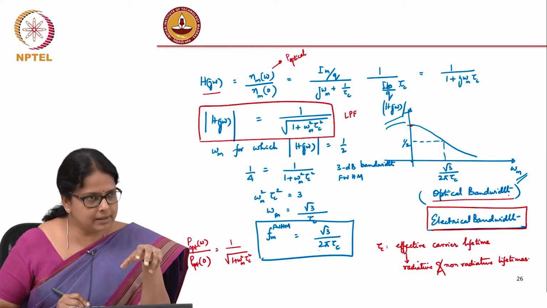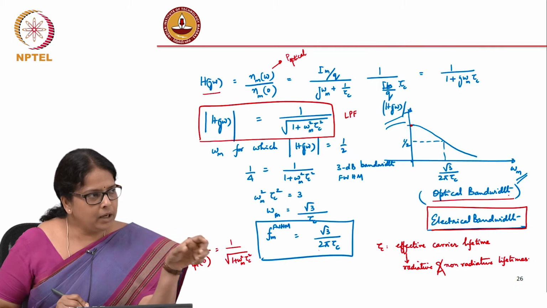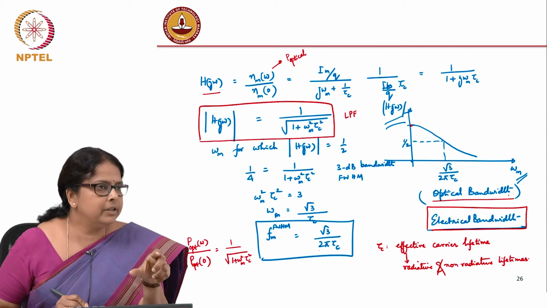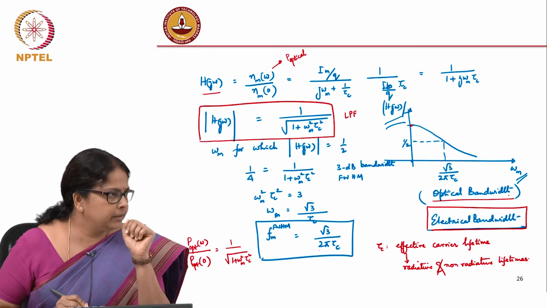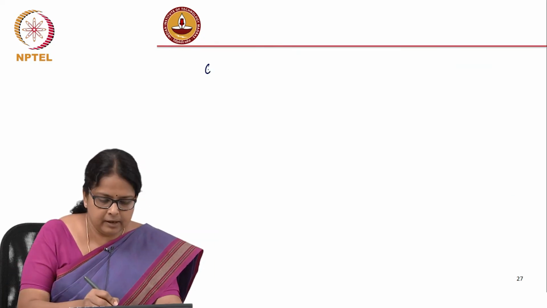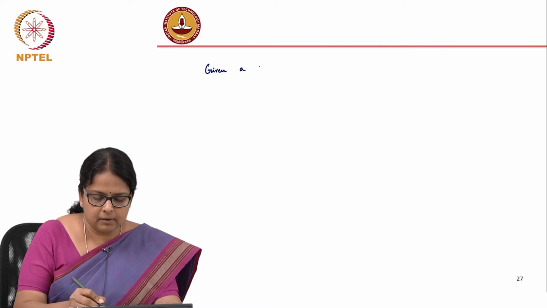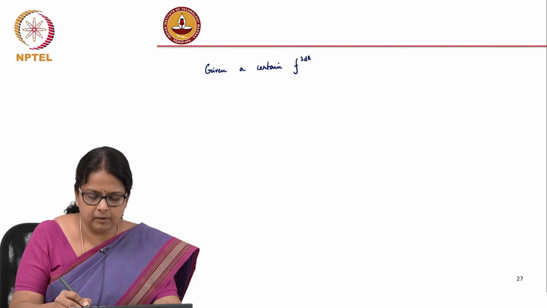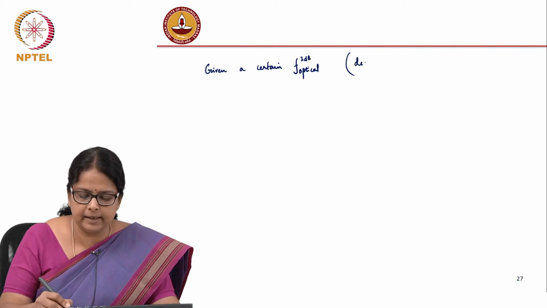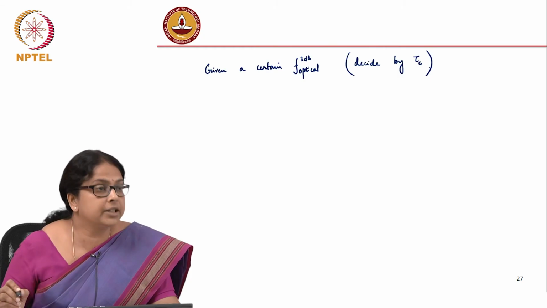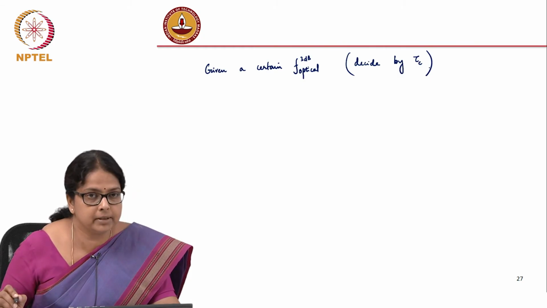However, if we ask ourselves a question, what is the corresponding electrical driver bandwidth which will give us this optical bandwidth? In other words, given a certain f3 dB optical, and f3 dB optical is decided by the fundamental carrier generation mechanism, the electron hole recombination, right?